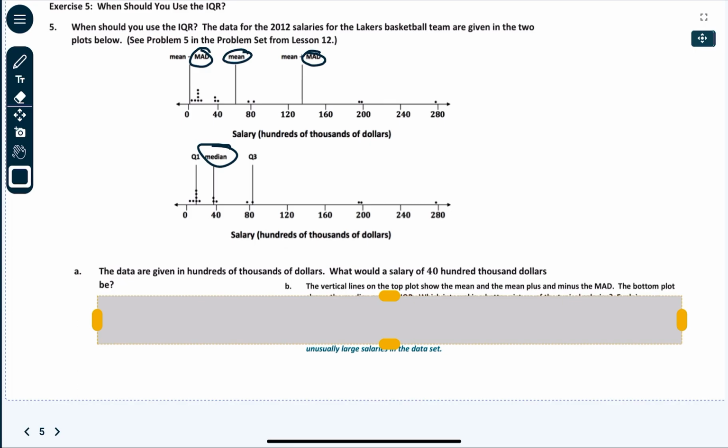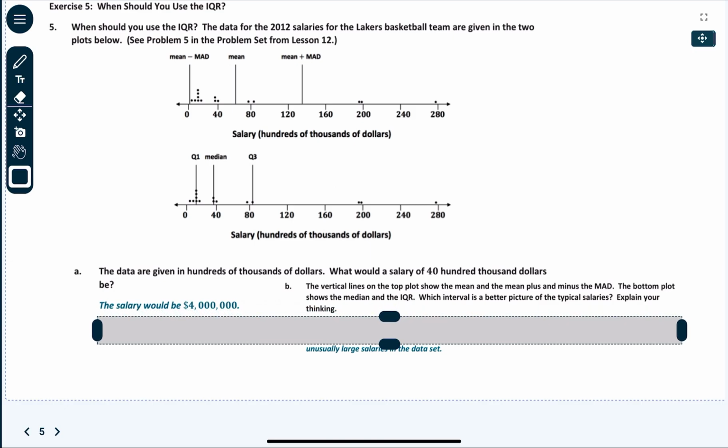Okay? So it says the data are given in hundreds of thousands of dollars. What would a salary of $400,000 be? Okay. Well, the salary would be 40, and then we have 100,000.